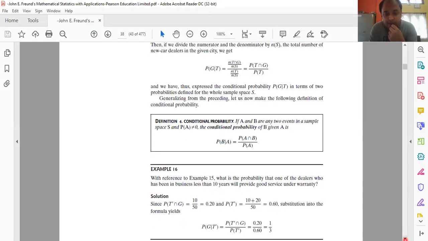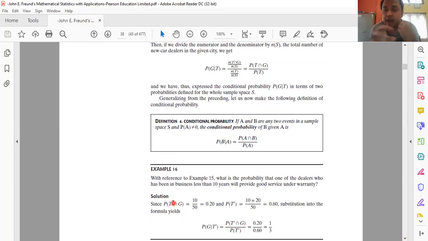Now, in this particular case, see, T prime. T prime is the complementary event of capital T. T prime is the number of dealers who are in business for less than 10 years.